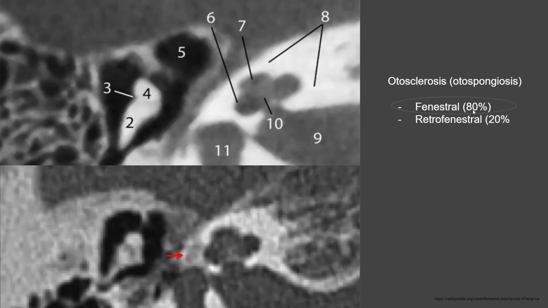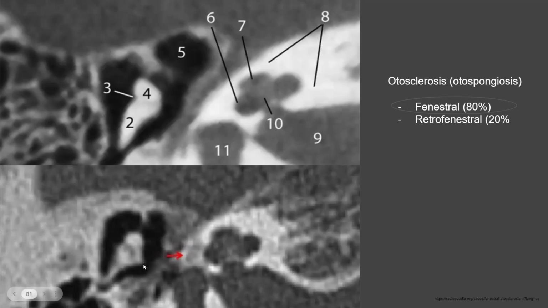And so the fenestral otospongiosis is going to be in this location here. When we say fenestral and retrofenestral, it's from the perspective of, let's say, an ENT doctor who's looking into the ear.